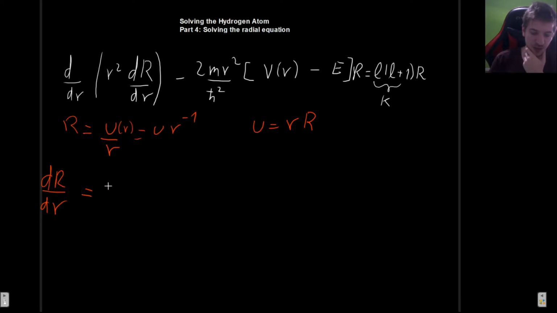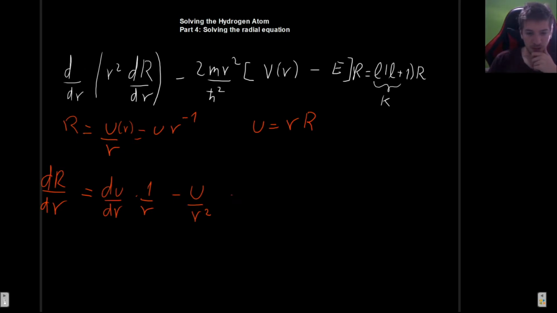First this will be du/dr times 1 over r, and then minus, this goes down, so we get u divided by r squared. Where does this go? This is going to go in here, so it will be multiplied by r squared.